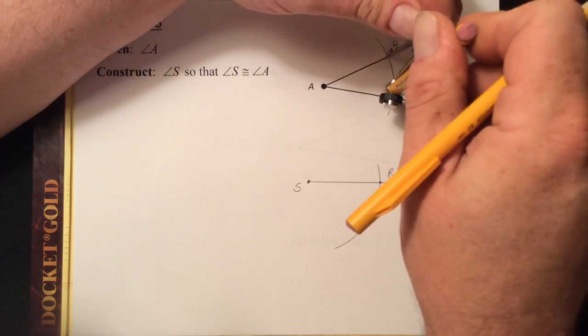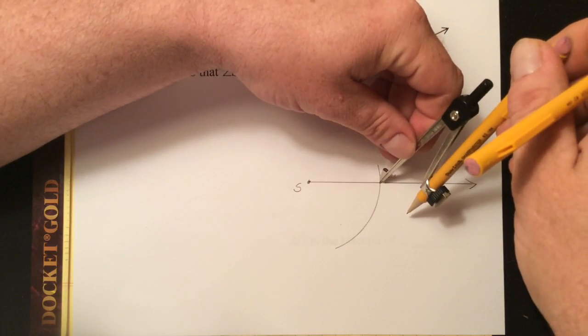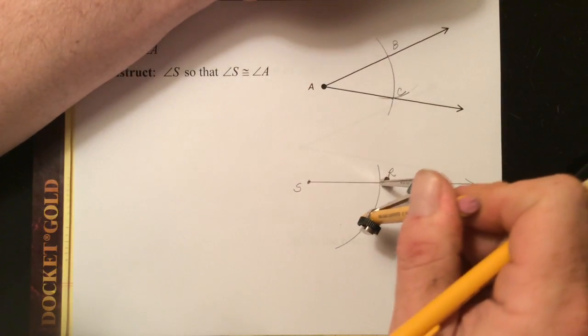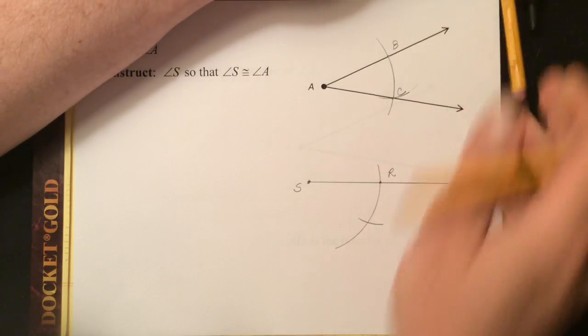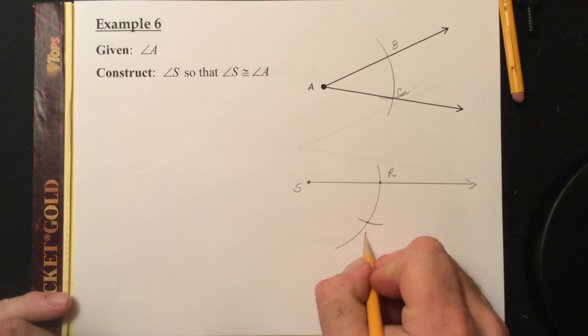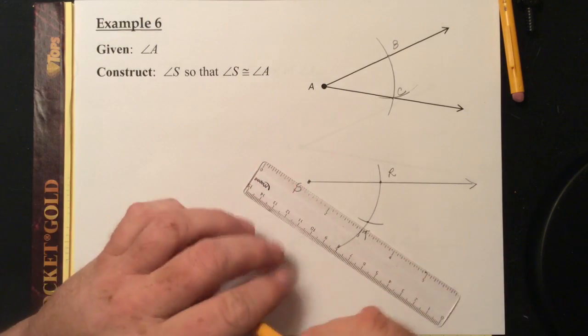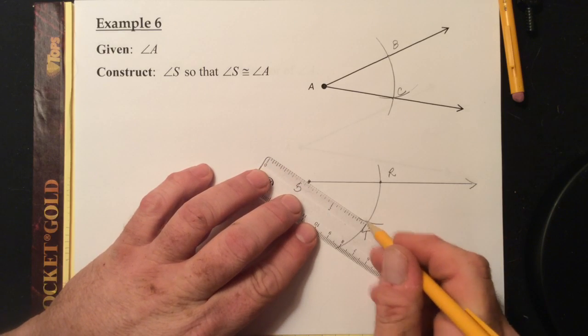Draw an arc, making sure it goes through that point. Keep the setting, bring the point of the compass over to point R, and do the same thing. Draw an arc through the arc on this other drawing here. This point right here is going to be T. Take your straight edge and now draw ray ST very carefully.